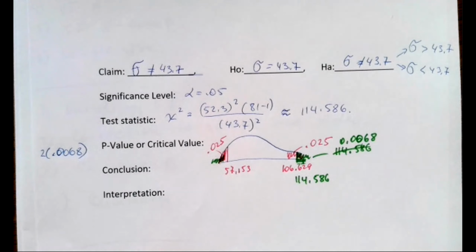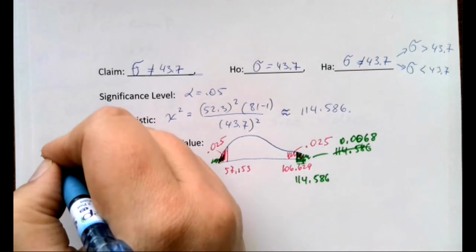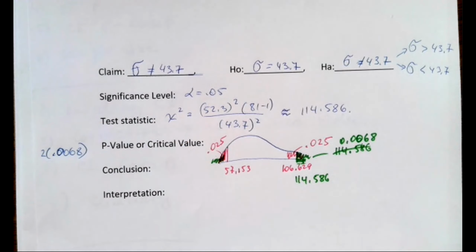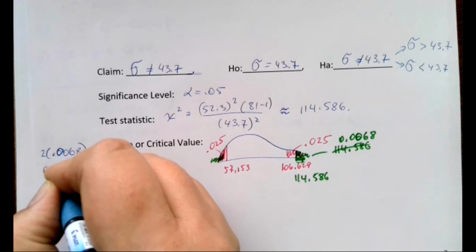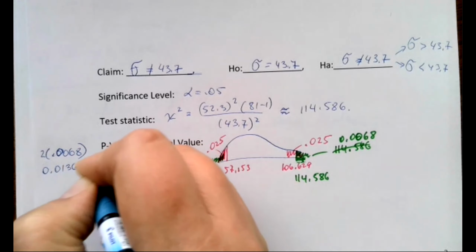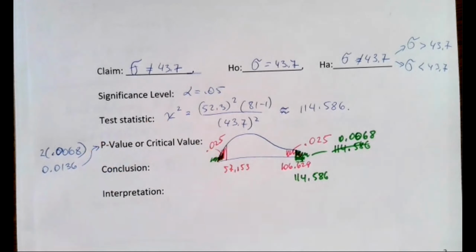Okay, so if it was a one-tailed test, you wouldn't have to multiply by 2. So our p-value is 0.0136, if you're asked to find a p-value.